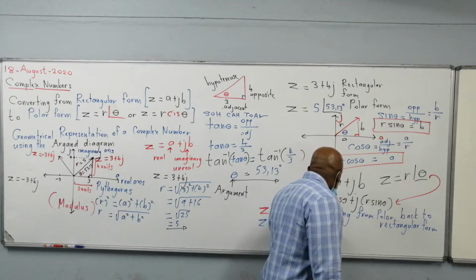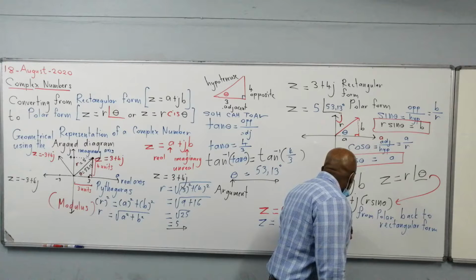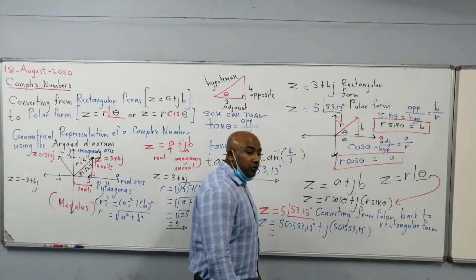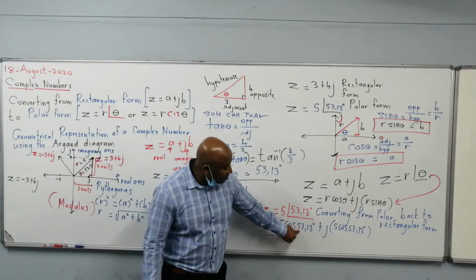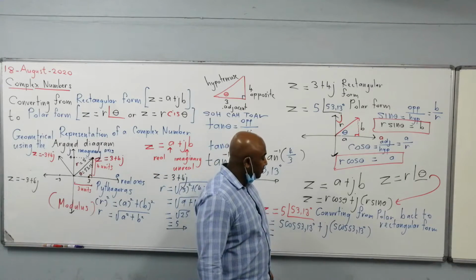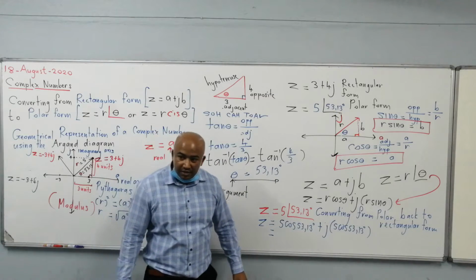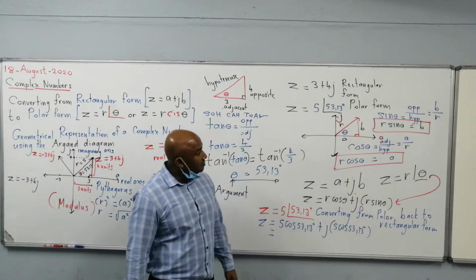So plus j open bracket there 5 cos 53,13 degrees, and now you will take out your calculator and you work this out. 5 cos 53,13 degrees, and what do we get there? The calculator must be in degrees because your angle is in degrees here. So what is 5 cos 53,13?